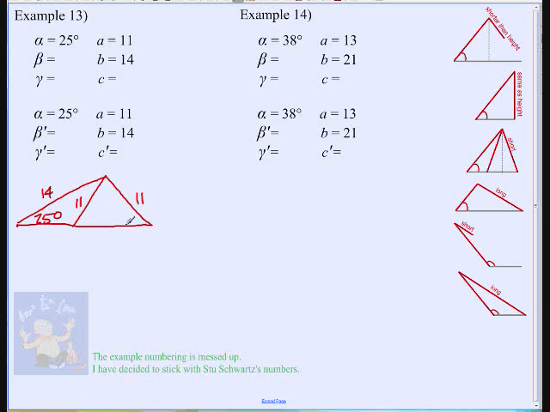Right here is beta, and right here is B prime.